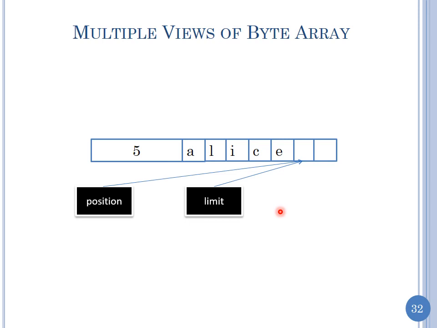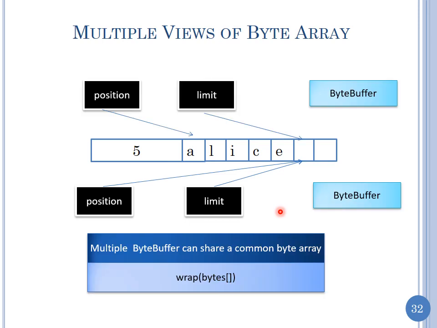We can use the same sequence of bytes and associate it with a different byte buffer that has its own position and limit. Okay, so we can give the application, the listener layer, access to only a subsequence of the data we have.